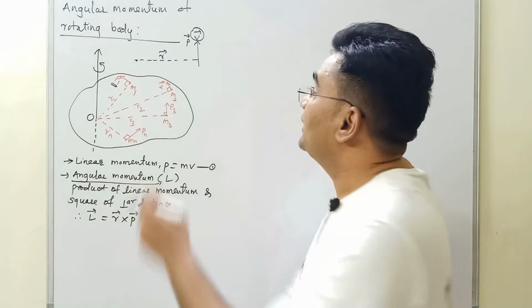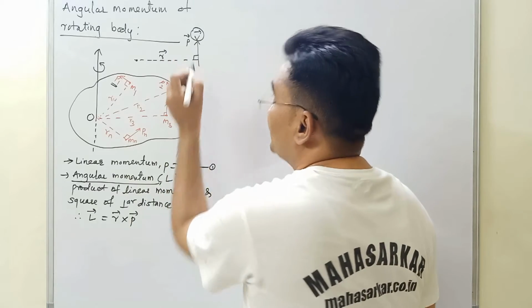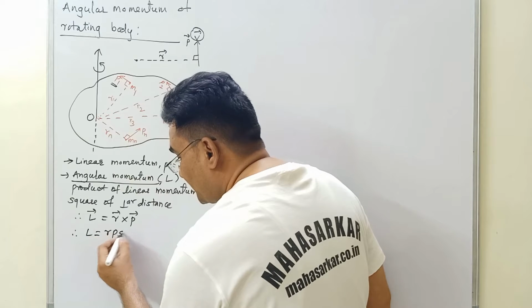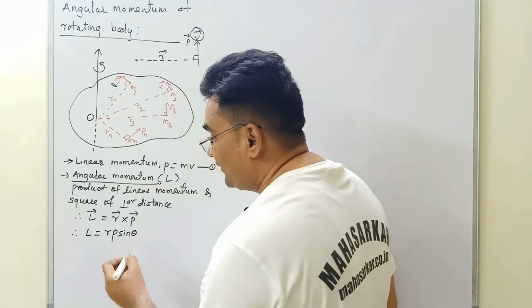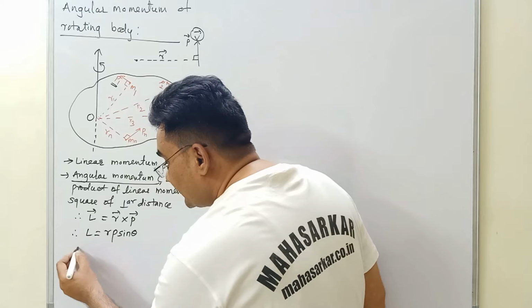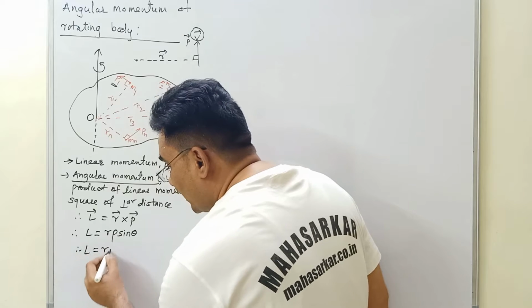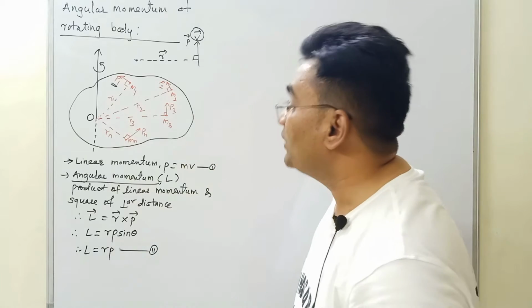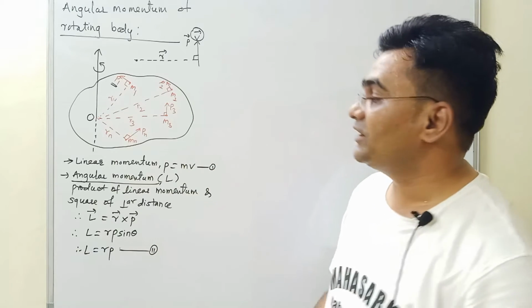Why cross product? Because they are both perpendicular. In magnitude it would be r p sine theta, but as I said, theta is 90 degrees, therefore L equal to r into p. So this is the general formula for angular momentum when we deal with a rotating body.